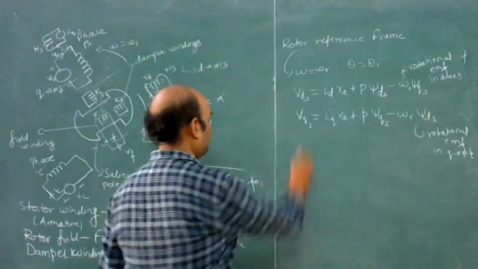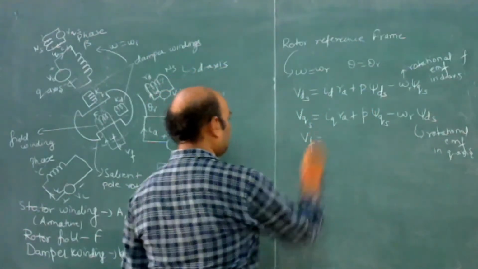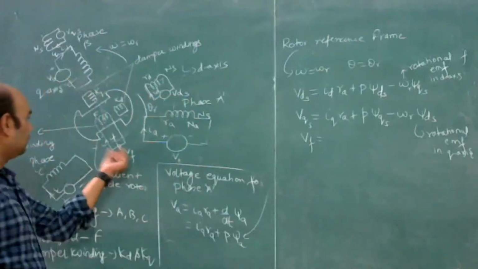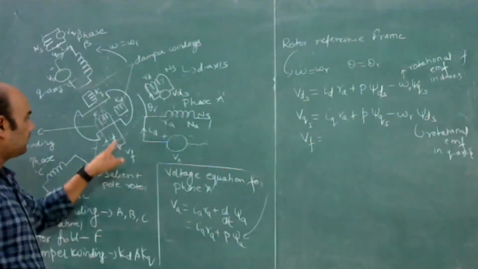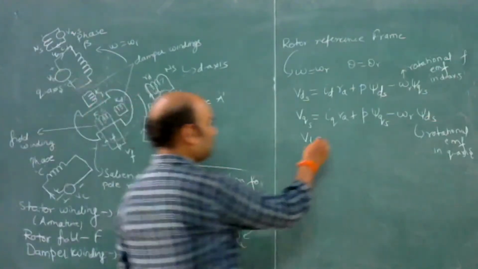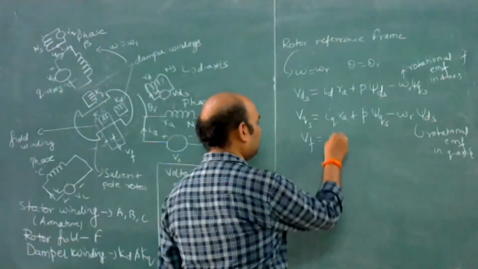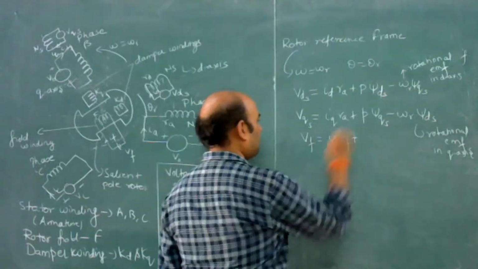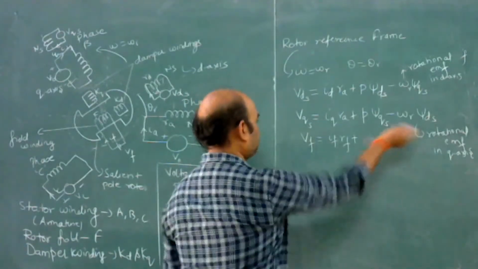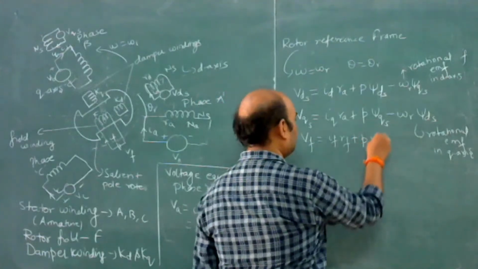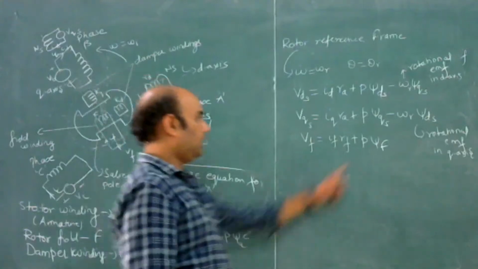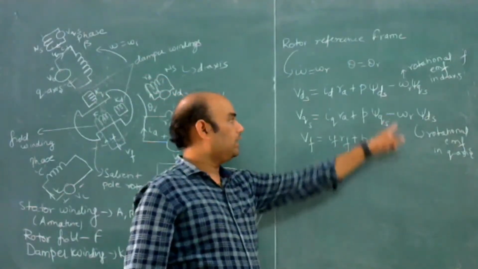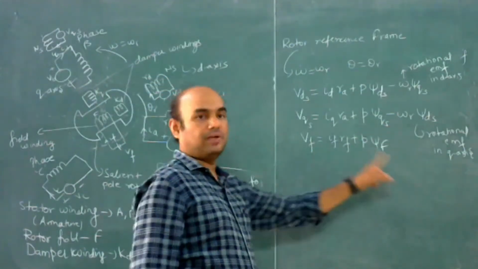Okay, and we can write also for field. So voltage equation in field winding: V field is equal to IF into RF plus P into psi F, and there will be no rotational EMF in field winding.